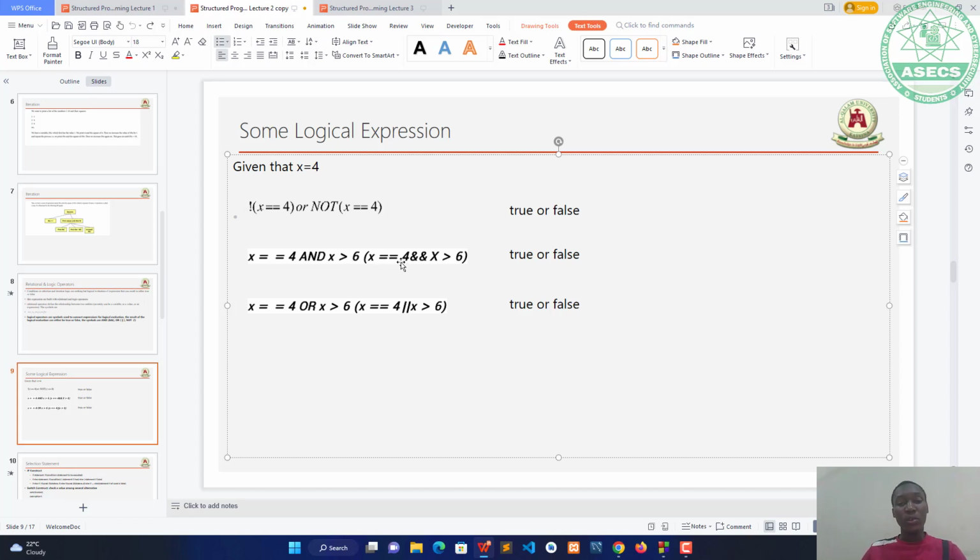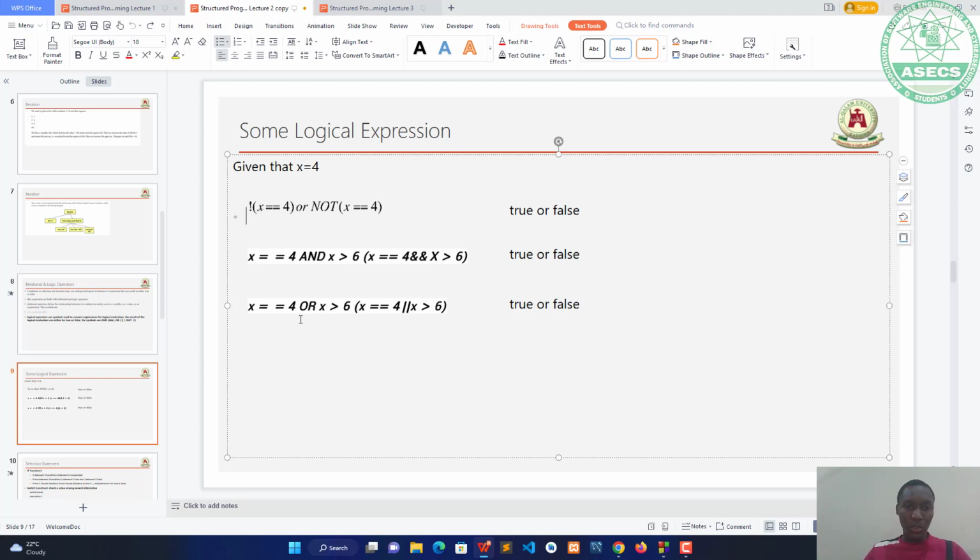Nan sai aka ce 4 equals to 4 and x is greater than 6. What is x? 4. Is 4 greater than 6? False. Is 4 equals to 4? True. True and false, that should be false. So the same thing, nan ya bamu true, nan ya bamu false, true or false. So I guess this is kind of alright, but I don't know how they got about this true or false.